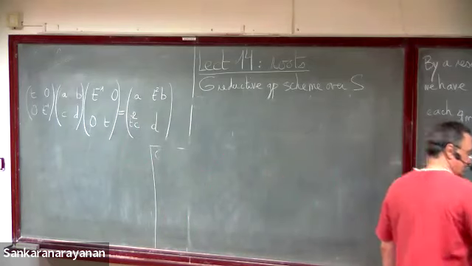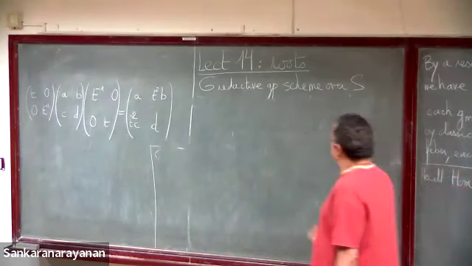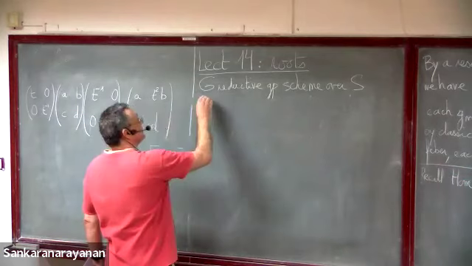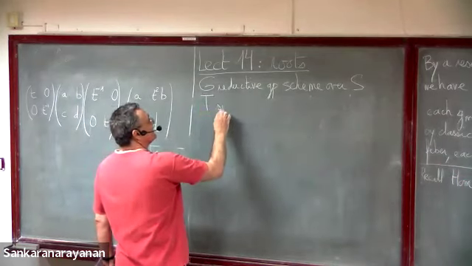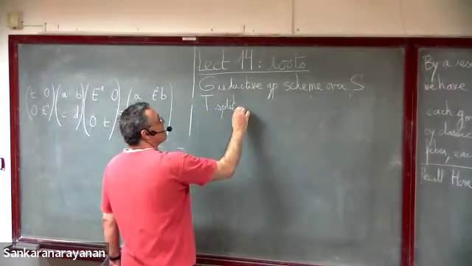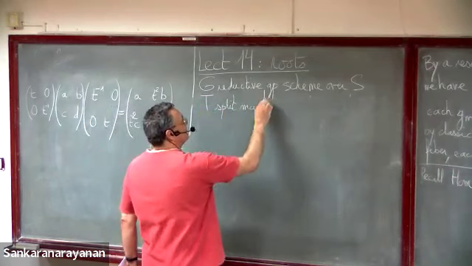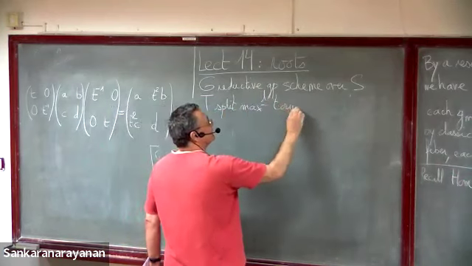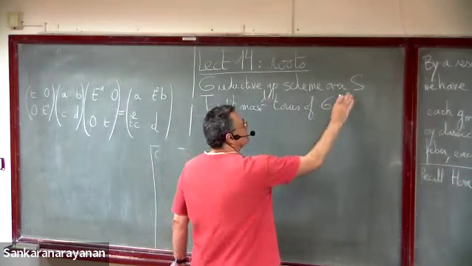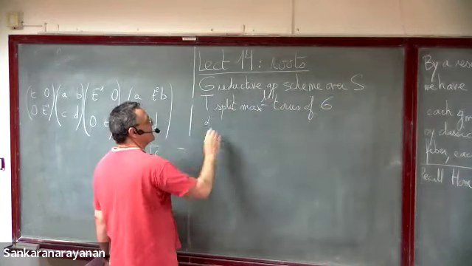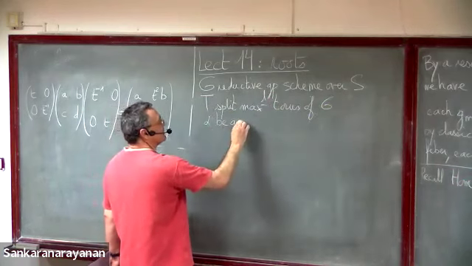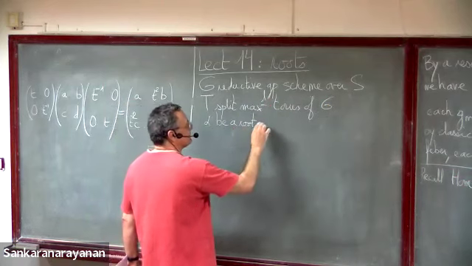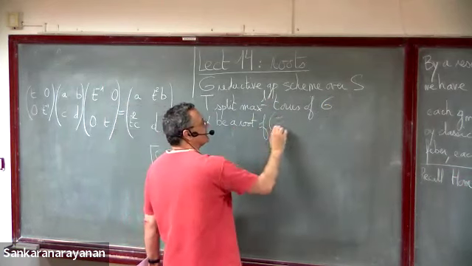We have this, and let T be a split maximal torus of G, and let alpha be a root of G_T.